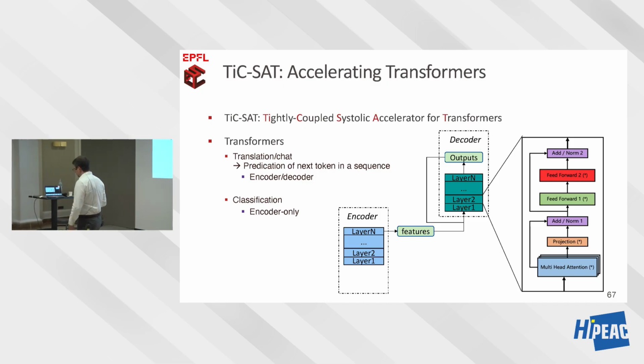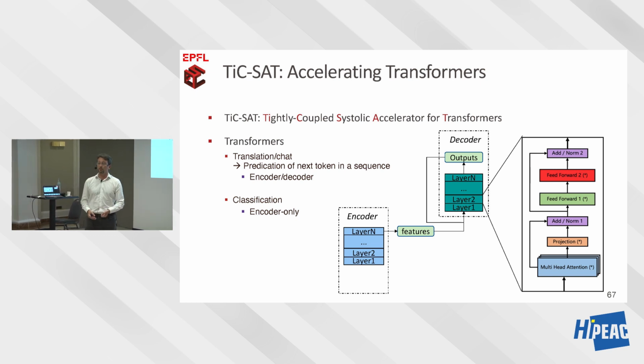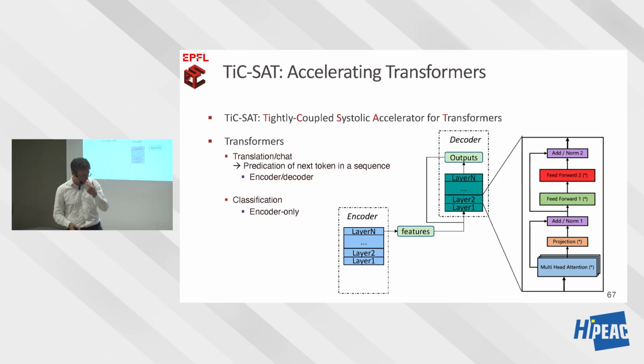For the first example, which I'm going to show you, we're talking about a digital implementation, so we have characterized that using Verilog, and we extracted area, power, and delay numbers from that.